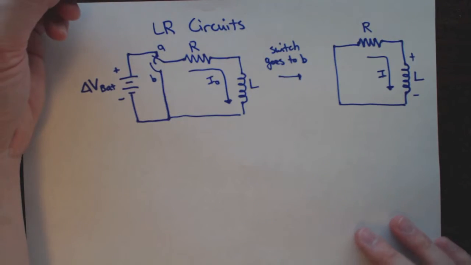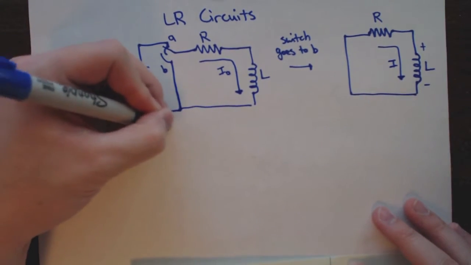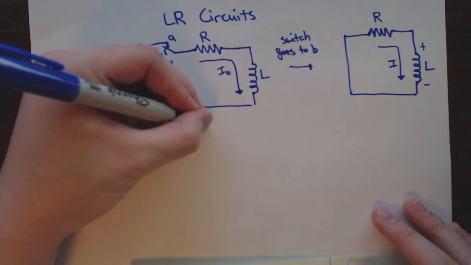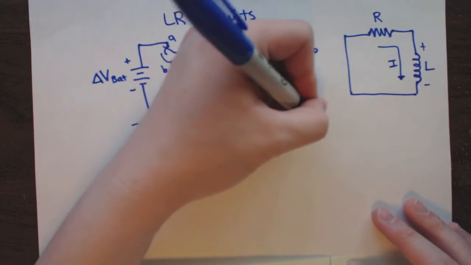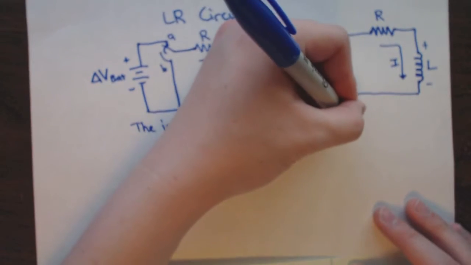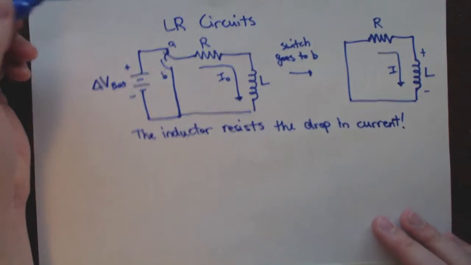And by resisting that change, it will actually create a potential not against the current, but in the direction of the current. Because again, the current is decreasing, it will oppose it, so it'll actually create a potential in the direction of the current.